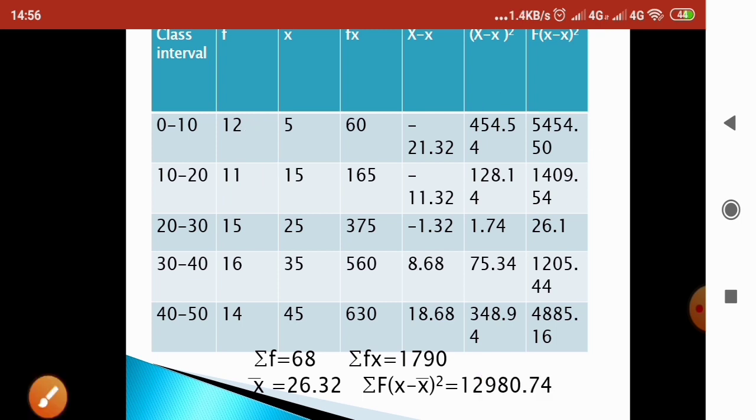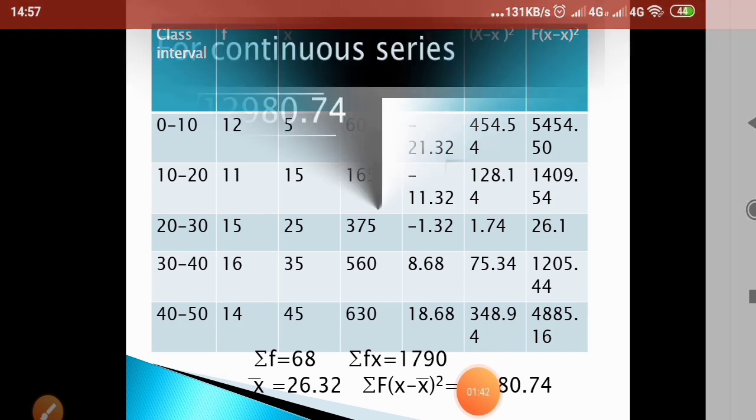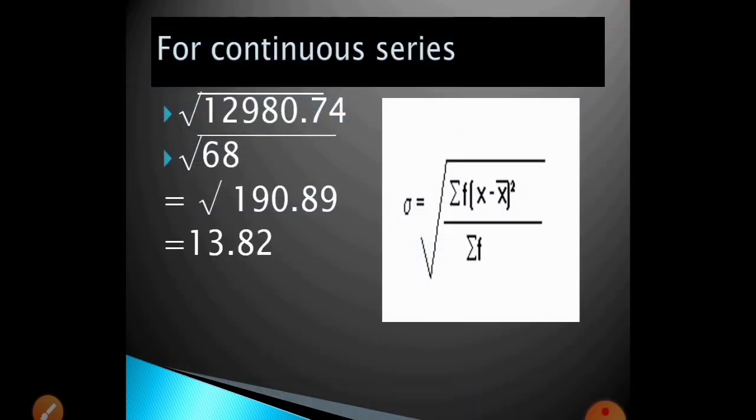Similarly we have calculated for all the values, and we have taken the summation of sigma f into (x minus x bar) the whole square. That will come around 1,29,080.74.